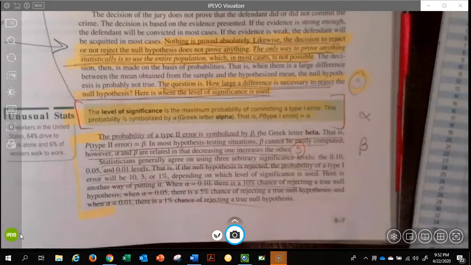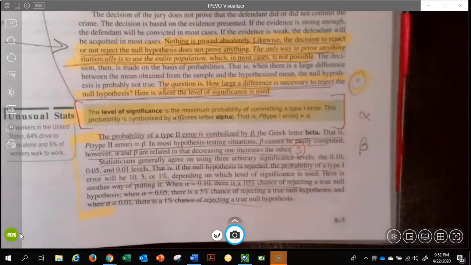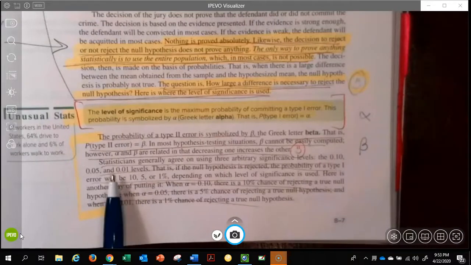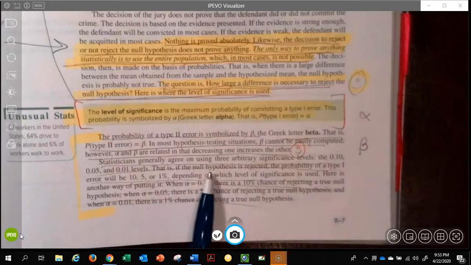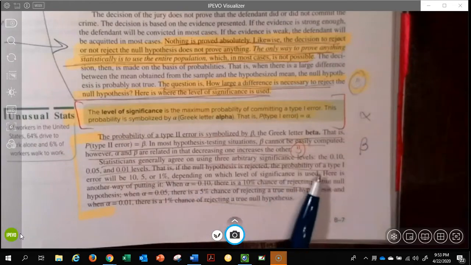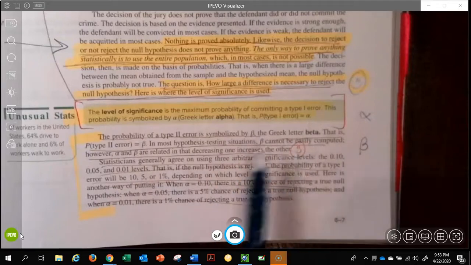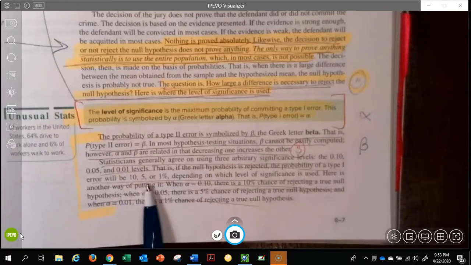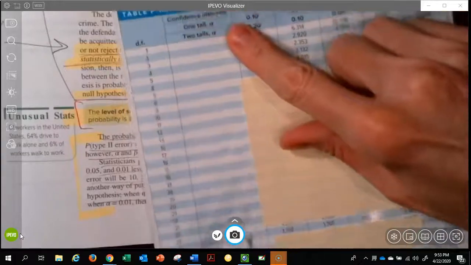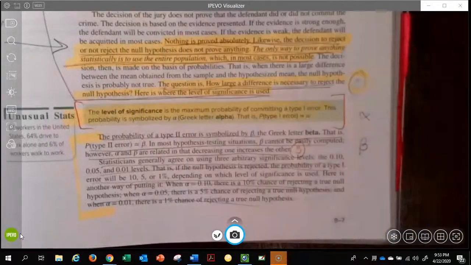Keep that in mind, and we'll be coming back to our formula pages. So it says those are the levels, and that is, if the null hypothesis is rejected, the probability of a type 1 error, remember that's alpha, will be 10, 5, or 1%. And notice up here they've got alpha.